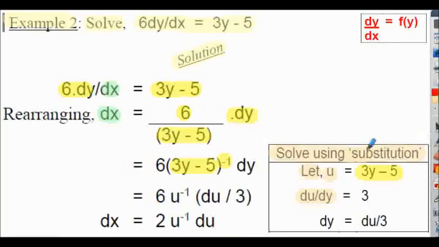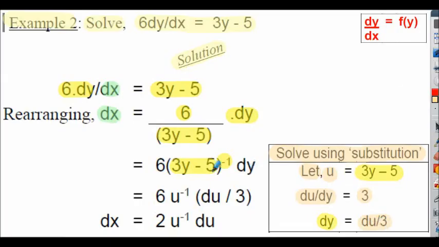That sometimes does confuse students. So when we differentiate the right-hand side, differentiating 3y with respect to y becomes 3, and differentiating a constant always disappears. And again, let's assume you're familiar with the differentiation process covered in our previous presentations. So dy is equal to du divided by 3.